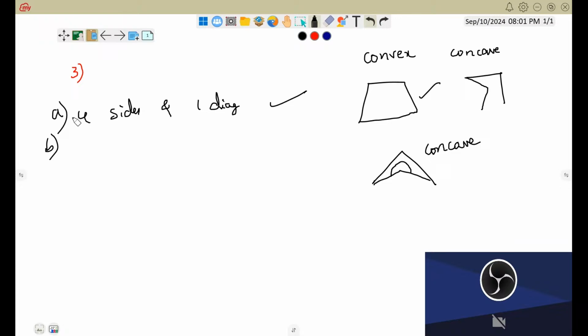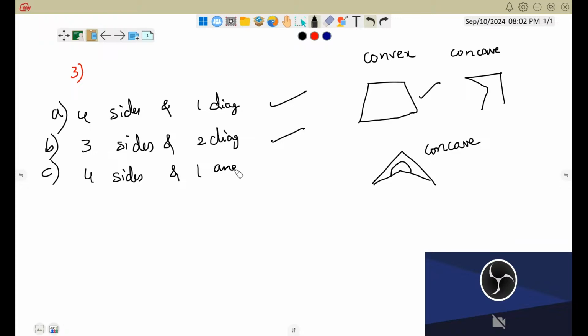The length of three sides and two diagonals. We can construct with these five measurements also. Option C is four sides and one angle. If they give four sides and one angle also, you can easily construct a convex quadrilateral.